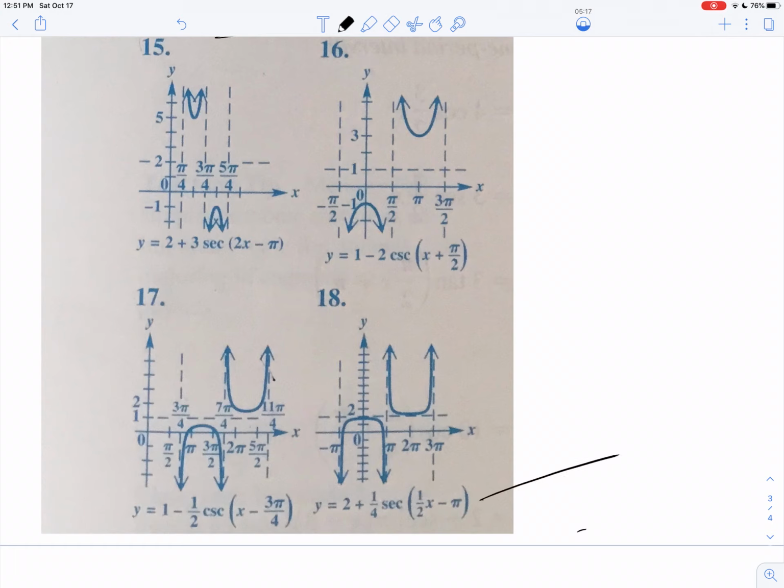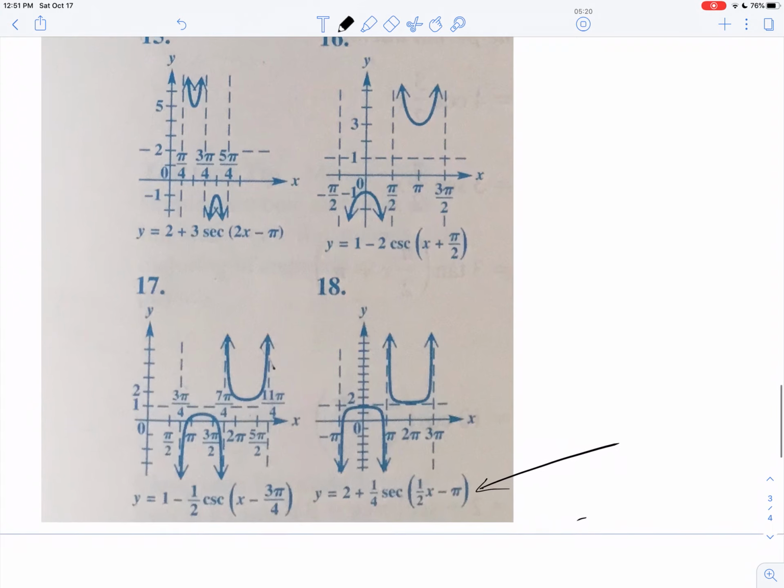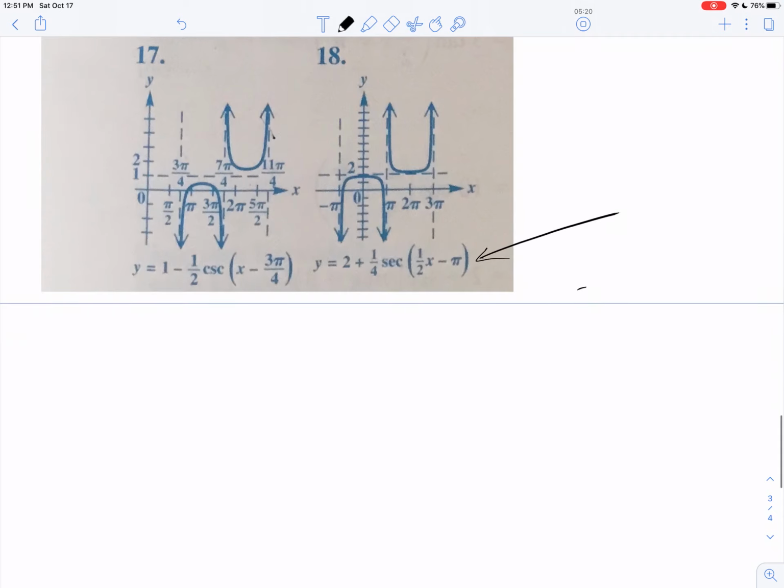So here we go. Number 18. I told you I was just going to knock this one out so you could actually compare it. So I'm going to write it down here. Y equals, now I know it's got a vertical shift of 2, and then it's got this compression, that my amplitude is 1/4. That's barely going up, barely going down, but it's secant.